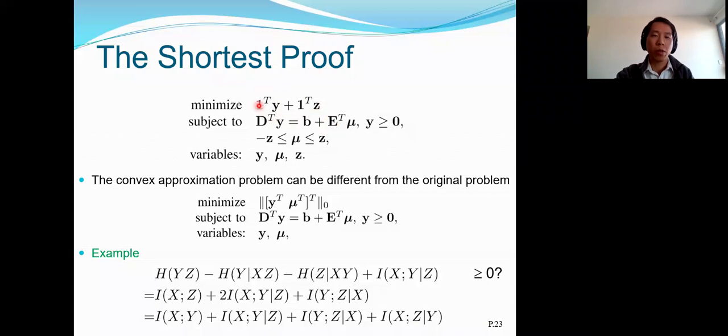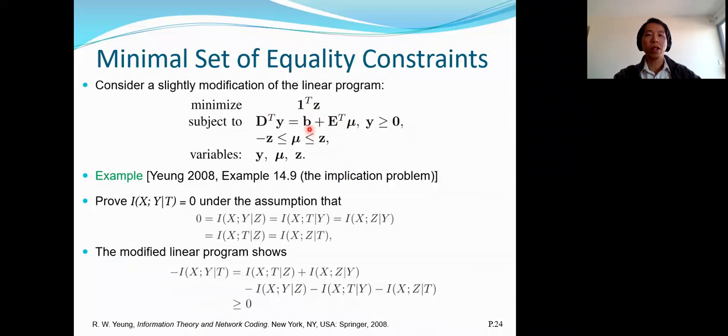Now suppose we drop the first term. We only look at the constraints, that is, we remove this part, the y disappears, and we only consider z here. So this is another linear program which will give us the minimal set of equality constraints. That is, we only want to minimize the set of constraints we use in the proof.